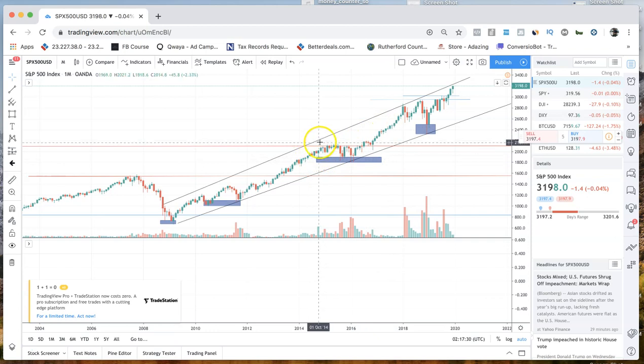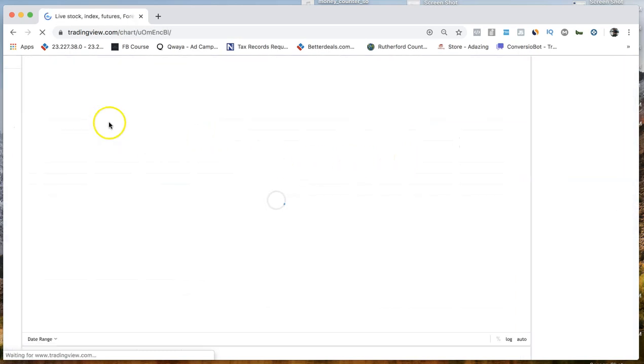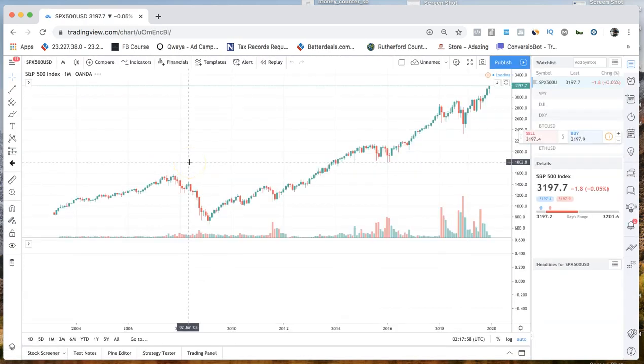So anytime we get up in this area here, it's usually resistance. Anytime we get here, it's support. So if we pass this line here at 3250, which we're pretty close to, then we have a breakout. And you should buy. At that point, we know we have a breakout.